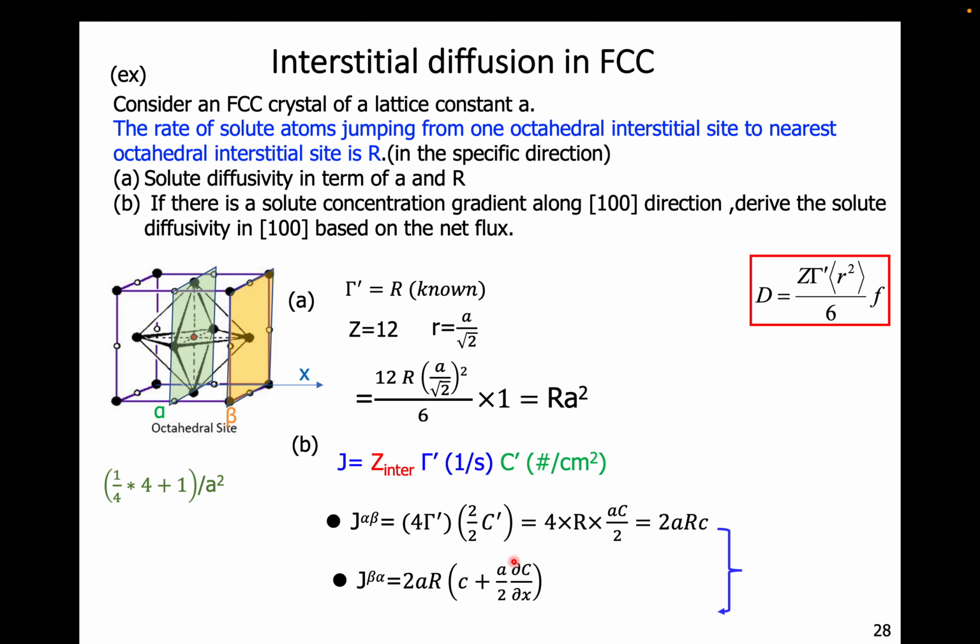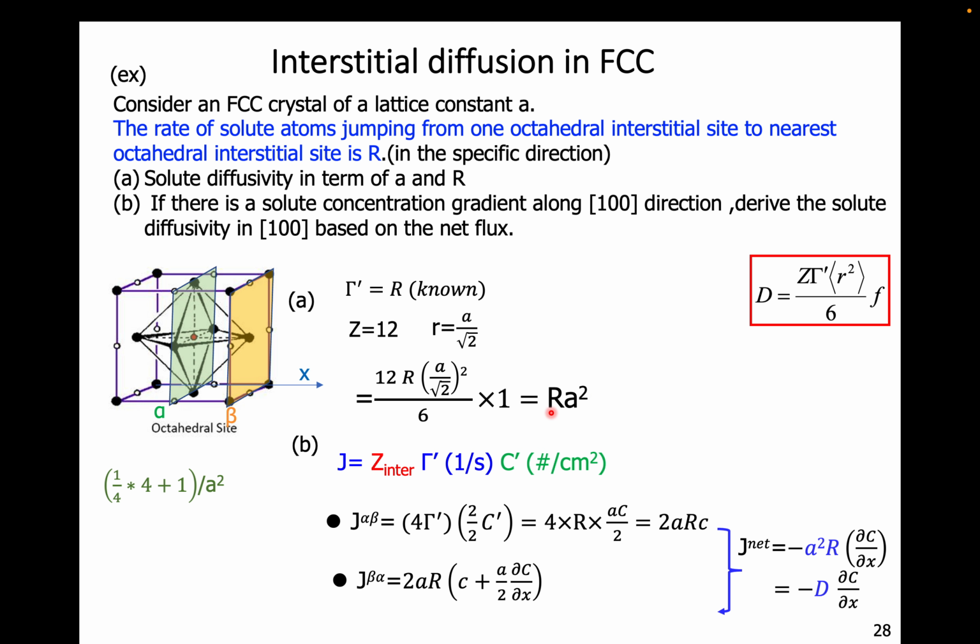You express it as c plus dc/dx times distance. Here dx is partial c, partial x. So you use this to minus this one, so I only have the second term. So it will be A squared R partial c, partial x, the concentration gradient. So I got A squared capital R, the same as the solution you derive by directly using the equation.